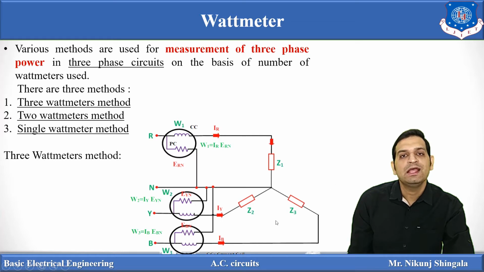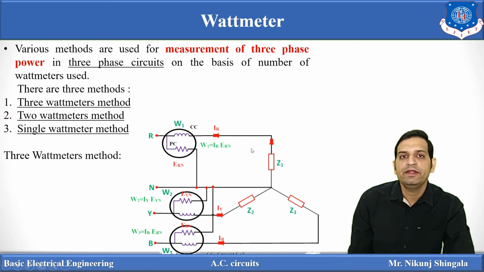So here you can see 3 loads Z1, Z2 and Z3 are connected in star, and 3 wattmeters are connected in each of the lines. Here you can see R, Y and B lines are there. N is the neutral conductor. 3 wattmeters are connected in the lines. Current coils are connected in series with the line, in between line and load.